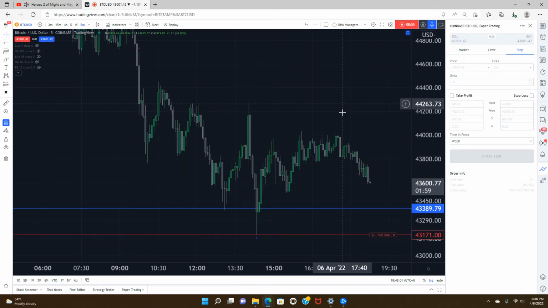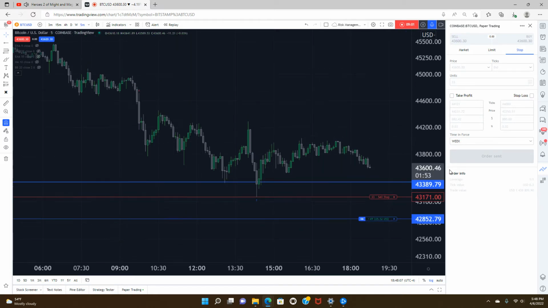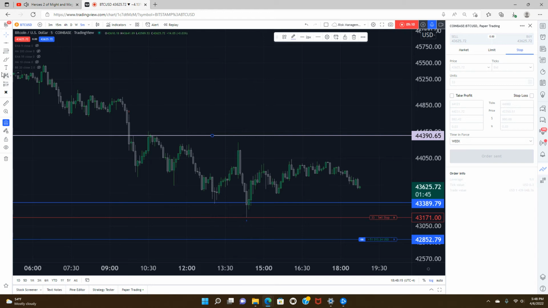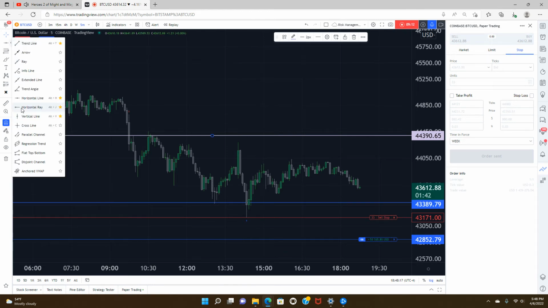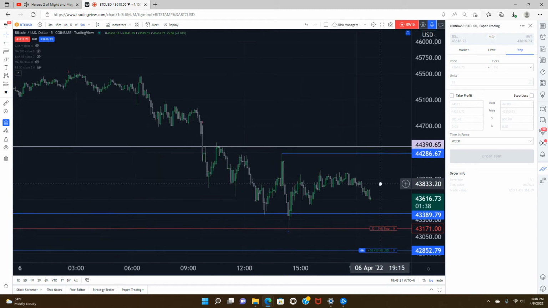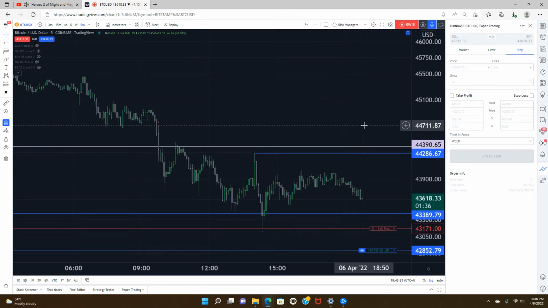So, it's a situation where you don't have confirmation, right? You'd want to see confirmation that this level is, in fact, going to become a low with these areas taken out. Maybe you put that level there, or you mark off this high here. But again, you want to see price confirm that by running up into this level here.